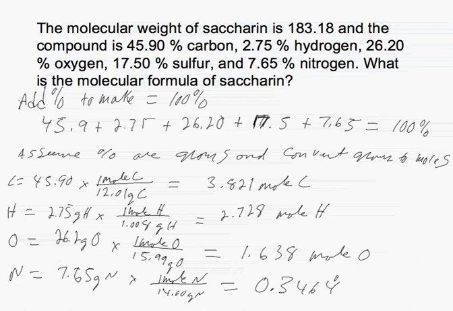Let me just check that number. 7.65 divided by 14. Nope, that's a 5. So this is 0.5464.